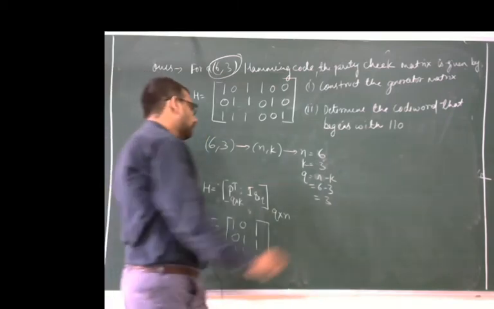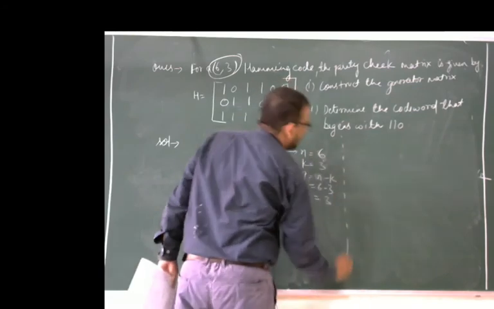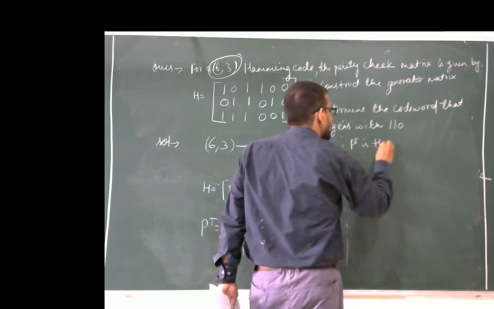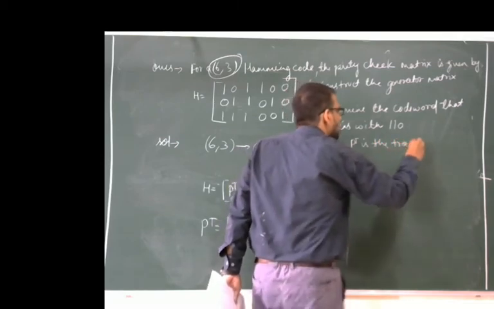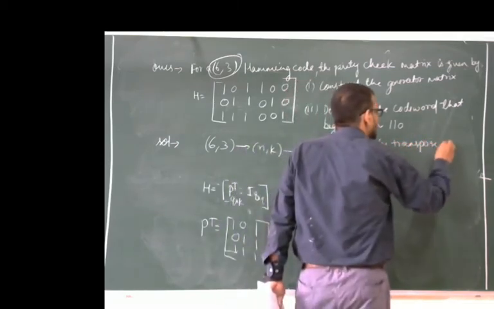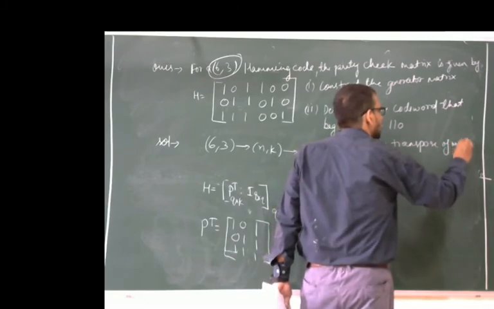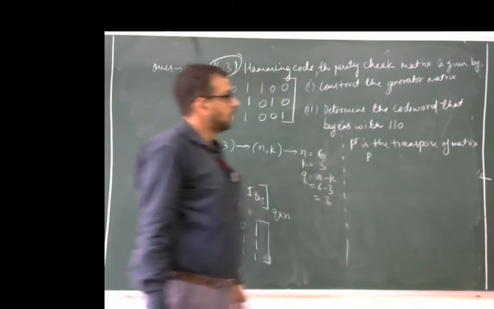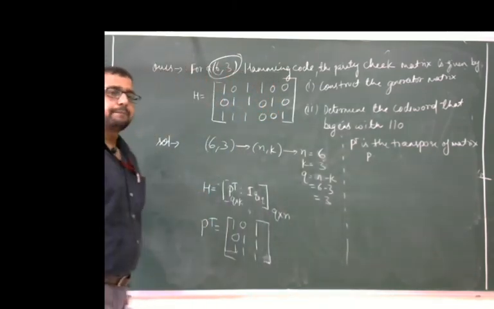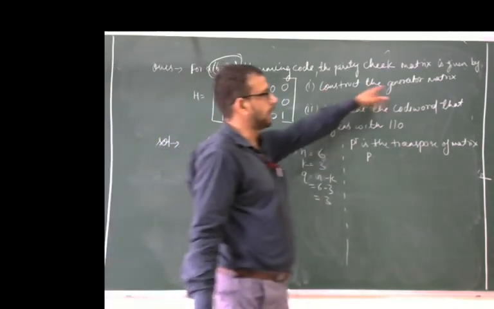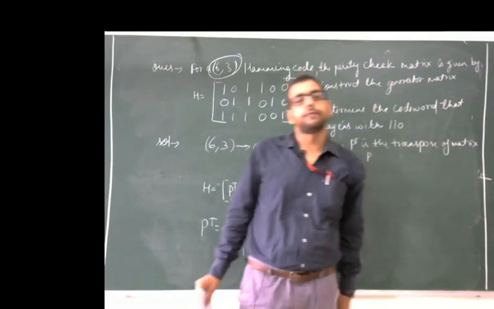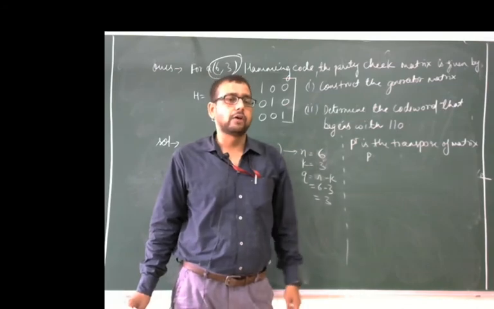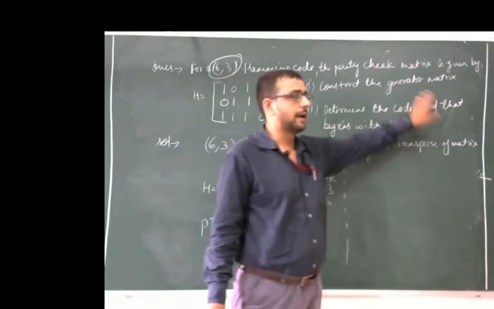Now here P transpose is the transpose of matrix P. Why do we calculate P here? Because we have to find the first part in the generator matrix. In the generator matrix, the standard format comprises the identity matrix and the parity matrix.